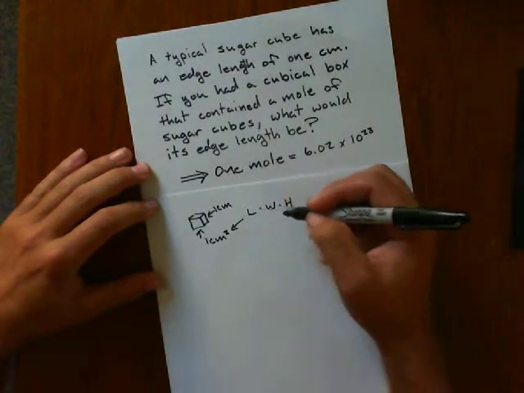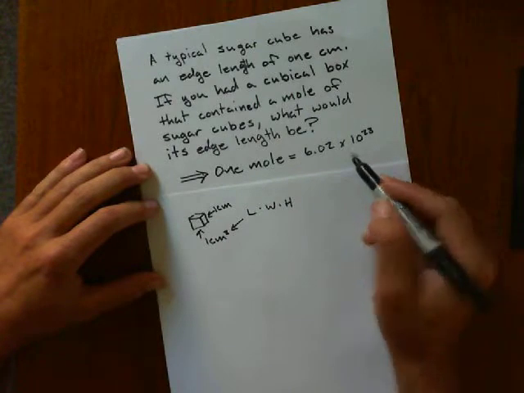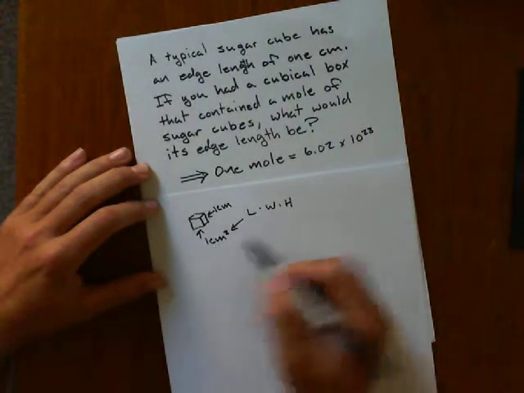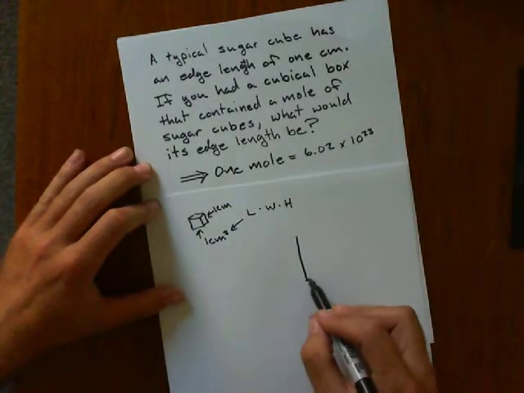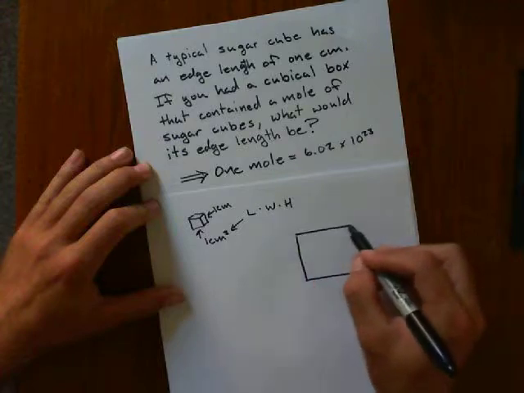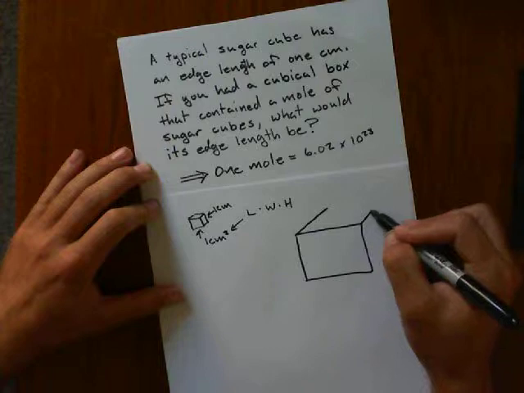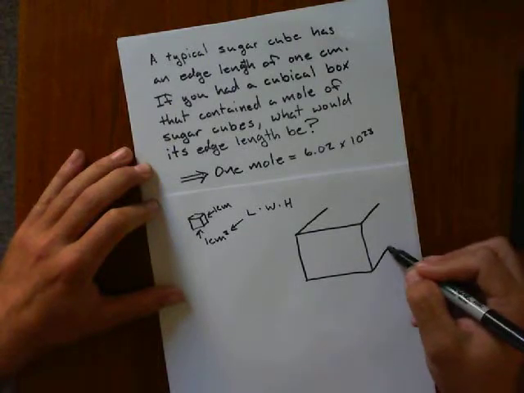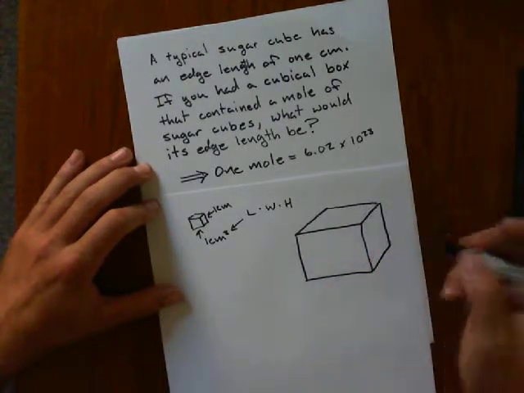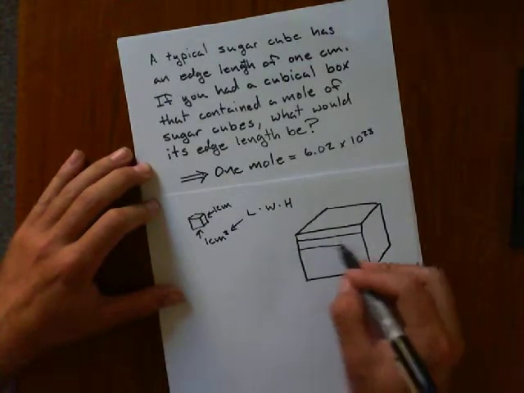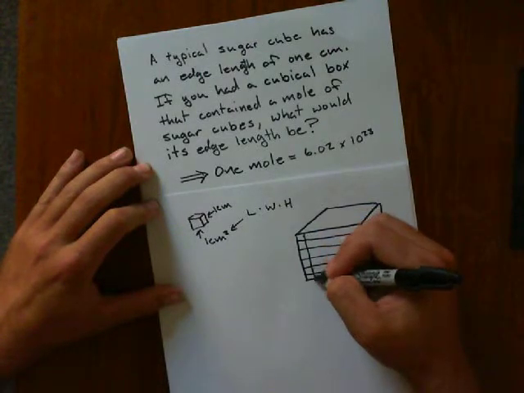Alright, so now we have this many sugar cubes. So we just have a bunch of these all stacked on each other, just a massive cube. Pretend that's square, and just a whole lot of cubes.